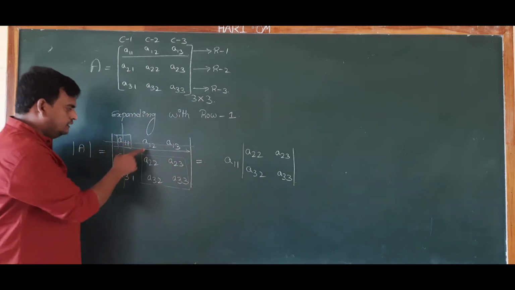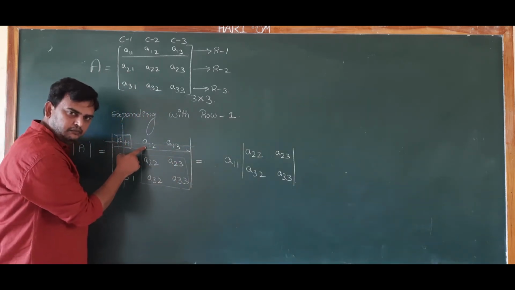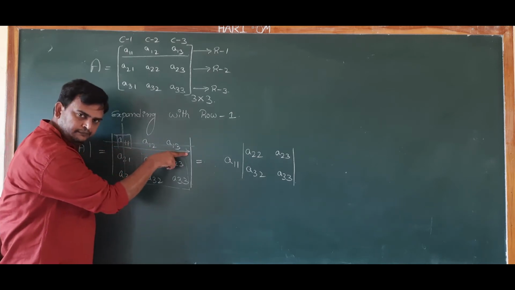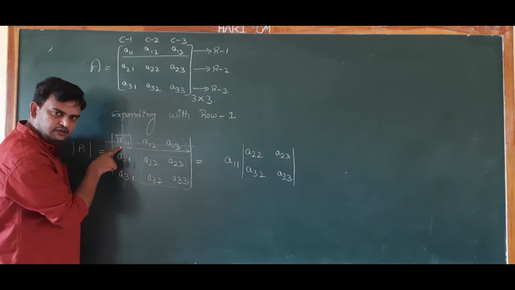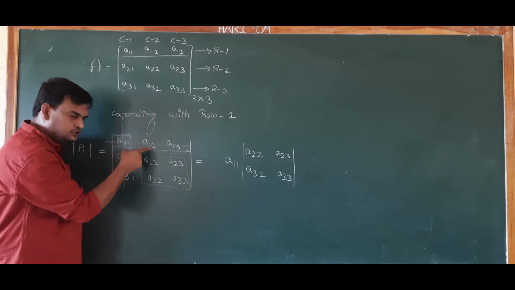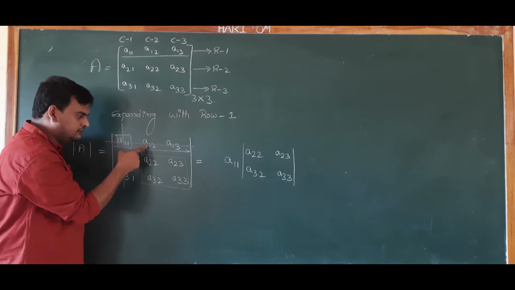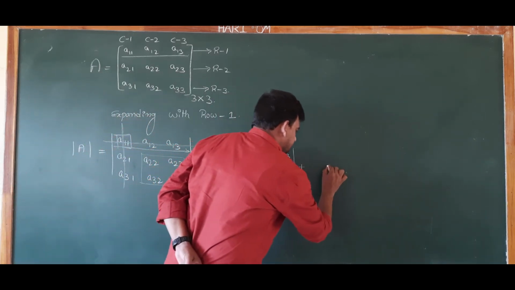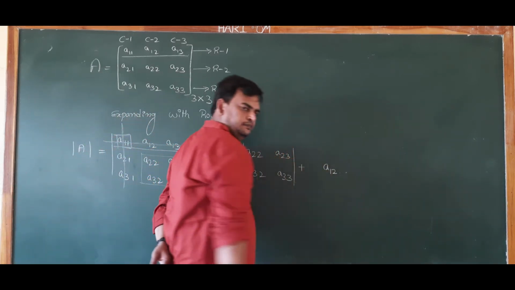Next, the second element. We are expanding with row 1, and in row 1 the first element's expansion is over. Now we choose the second element, A12, plus A12.